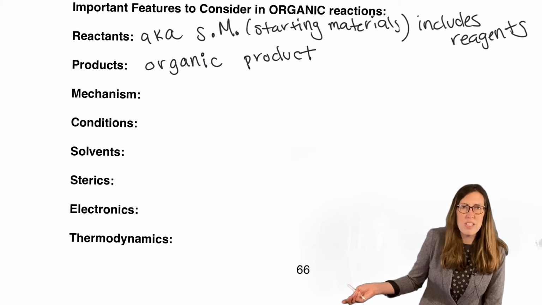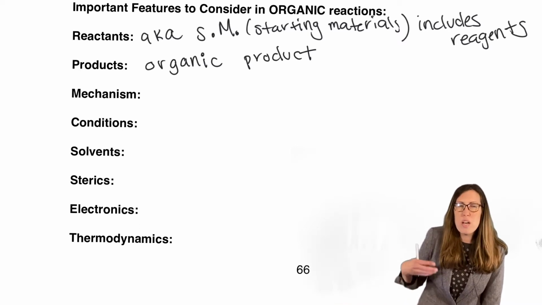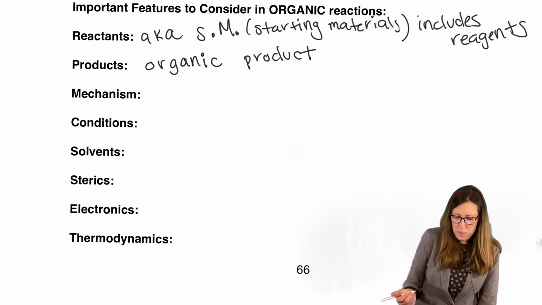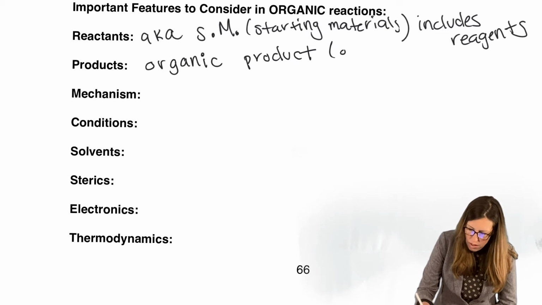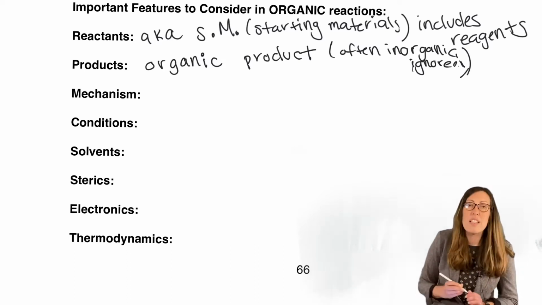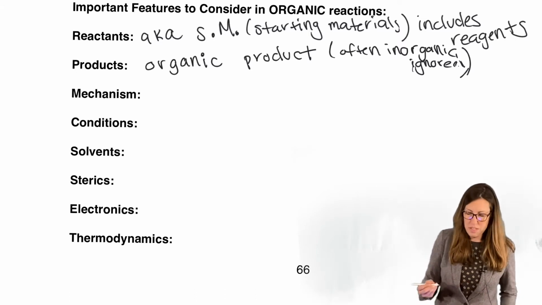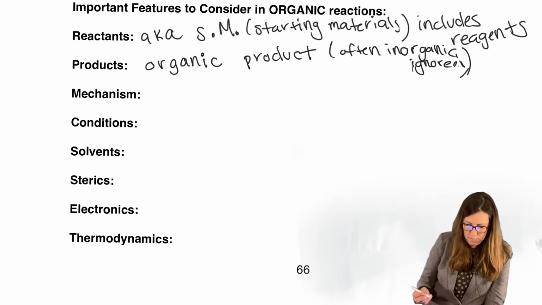No, but it was a product, so I'm not balancing that equation. We only do that when it matters, when we're trying to decide how much of something we need to use in the lab. Okay, so I'll write that here. Often, inorganic product is ignored. The other time I intentionally draw the inorganic product is if it clarifies how the reaction happened. But if we didn't really need to write it all out, we probably won't.